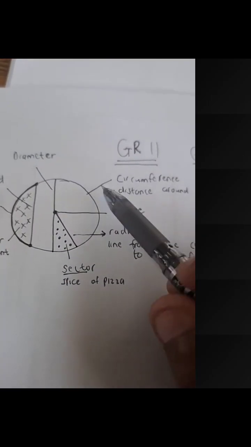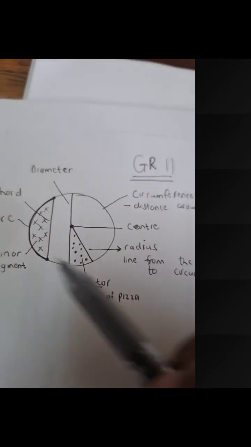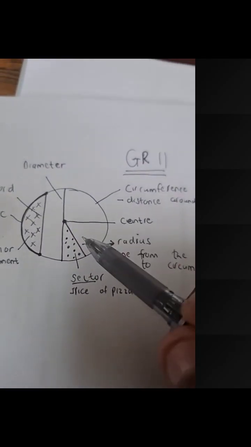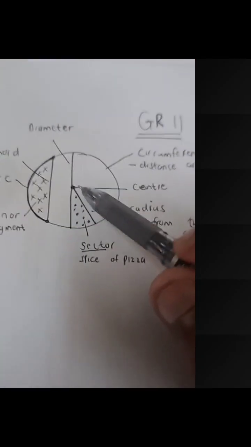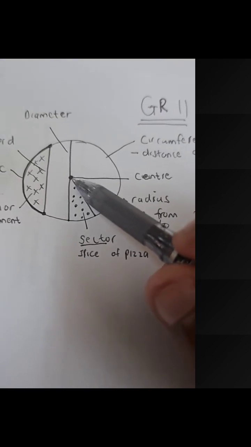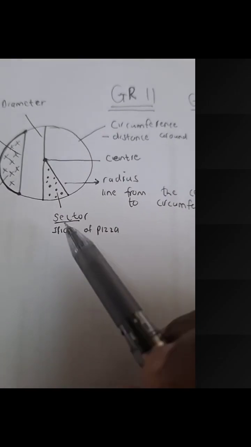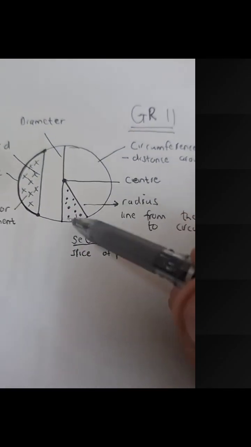Remember, the circumference is basically the outer edges of the circle. That's your circumference, your distance around the circle. Then your radius goes from the center to the circumference. Then you have your sector, like I said, your slice of pizza.